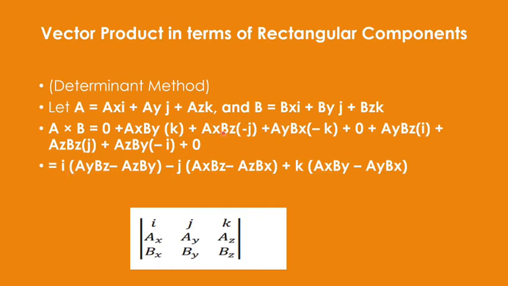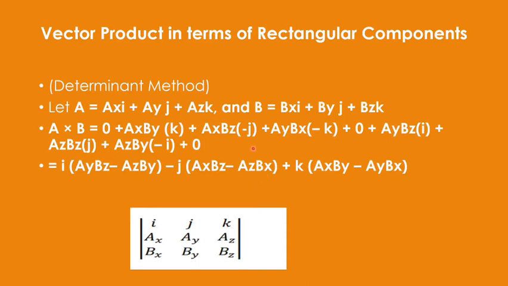So you can combine these things. I have two terms for i cap, one is this and one is this. So I can write i cap out, and I will get ay bz minus az by. Similarly, you can take terms with j cap, one is this term and another is this term. I am writing it in terms of minus j, getting ax bz minus az bx.